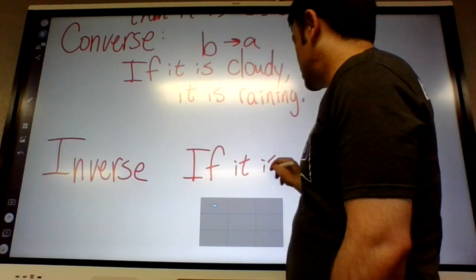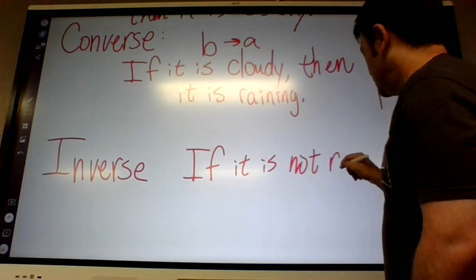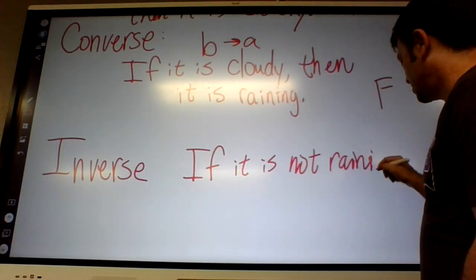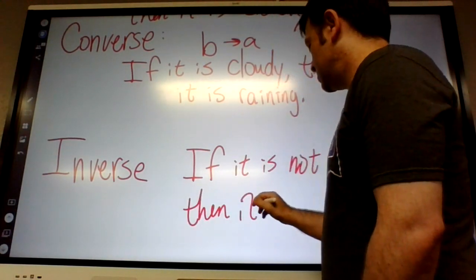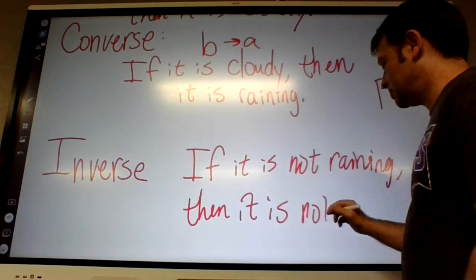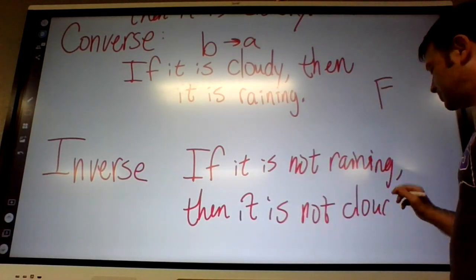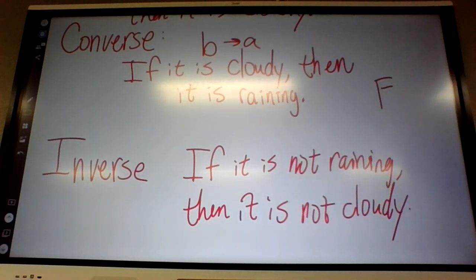If it is not raining, then it is not cloudy. Is that true or false? False. Could be cloudy, right? It's not raining, but it still could be cloudy, so this would be false as well.